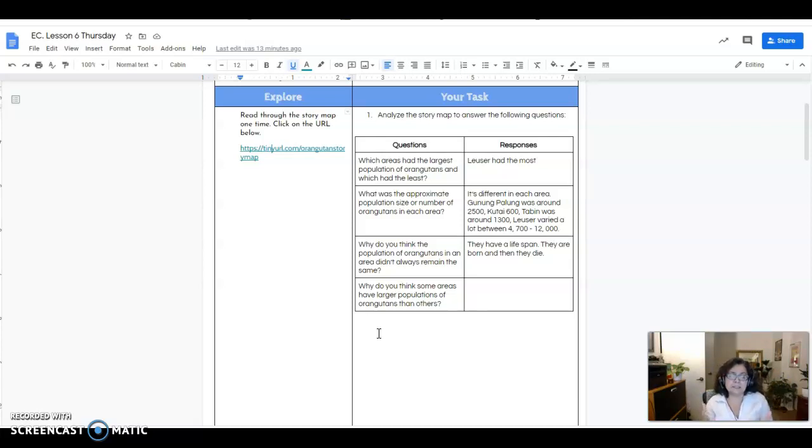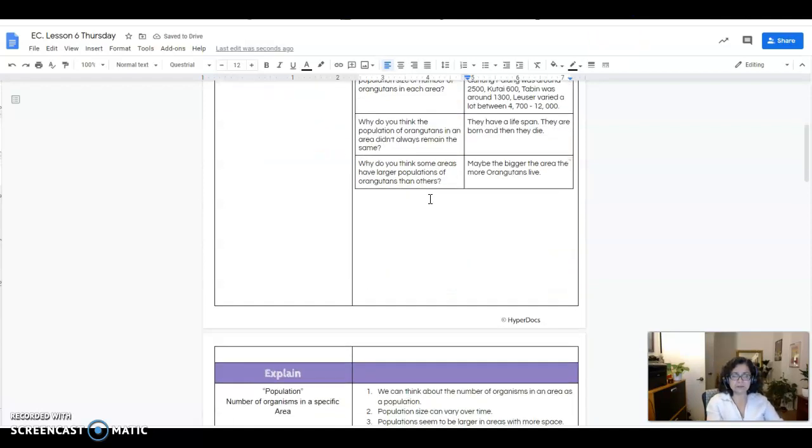More orangutans live in areas that have more surface area. So I'm going to just write that maybe the bigger the area, the more orangutans live. Okay, that's all you had to do here. Really quick, go through that.